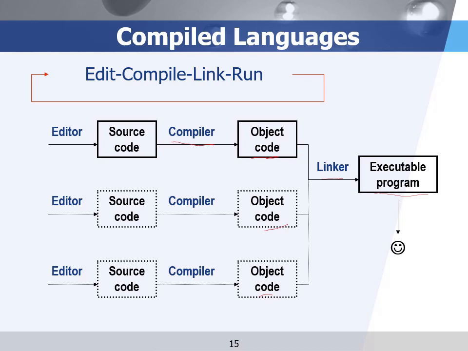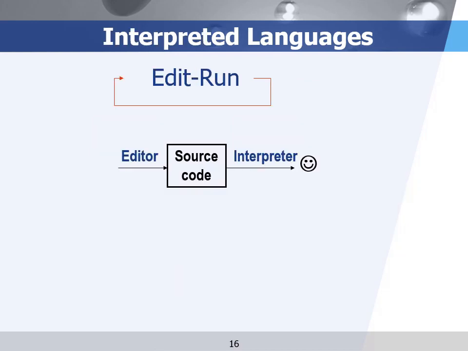If the result is not as what you expected, you can go back to the source code and modify your source code and then compile and link again. The process for this type of language is kind of complicated and long, because every time you want to modify your program, you have to edit your source code, and then you have to compile and link your program again. So we have another type of programming language, interpreted language.